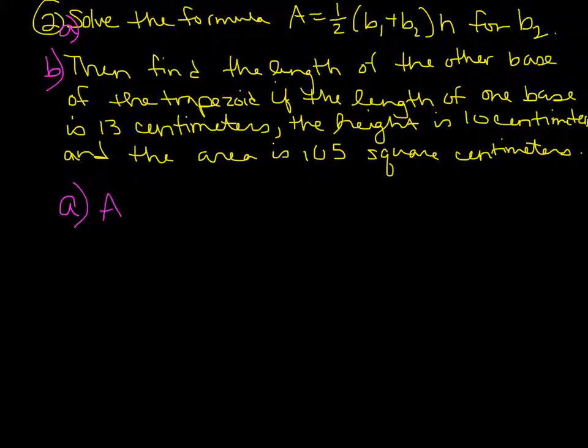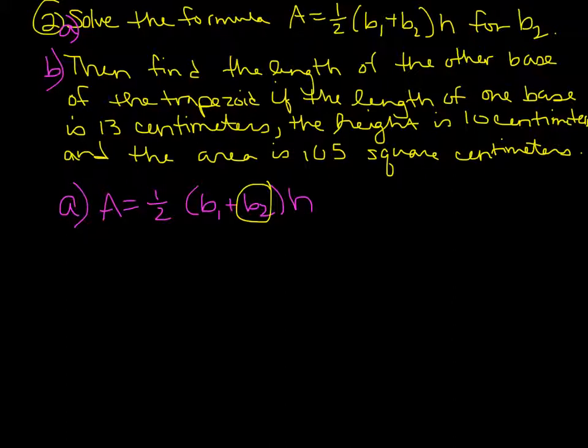So we're going to start with A equals 1/2 times (B1 plus B2) times H. We would like to solve this for B2, which is this one right here. There are several ways that you can do this type of problem. The main idea is that you need to get that B2 by itself, and you do that by moving over everything else that's on the same side of the equal sign.